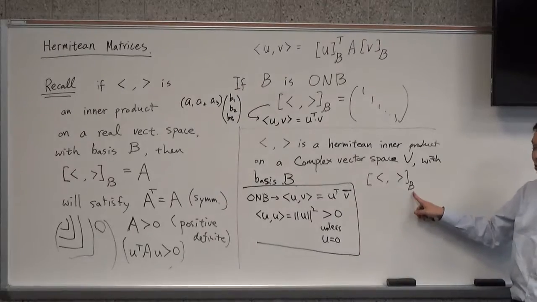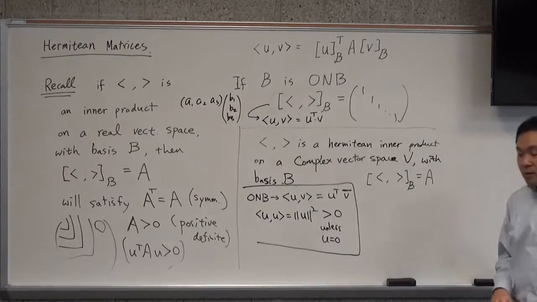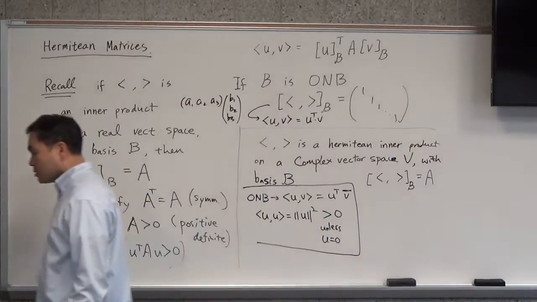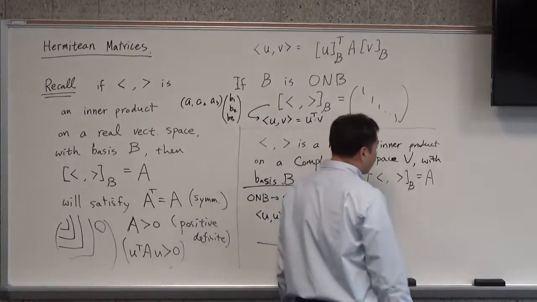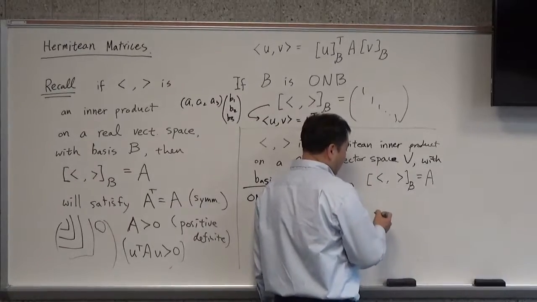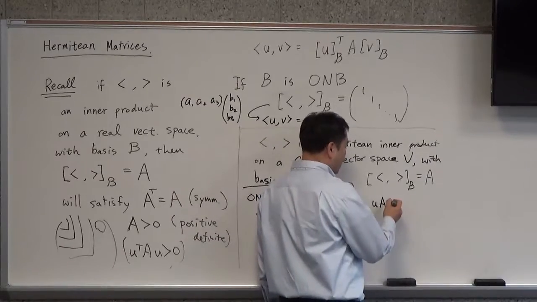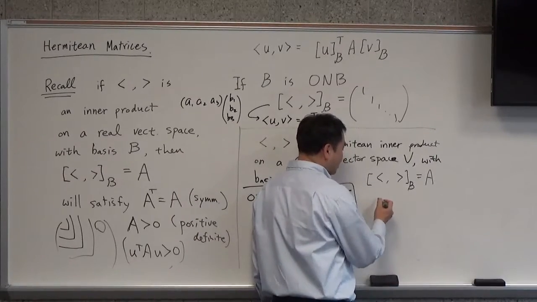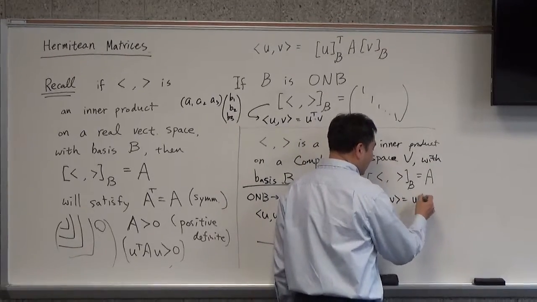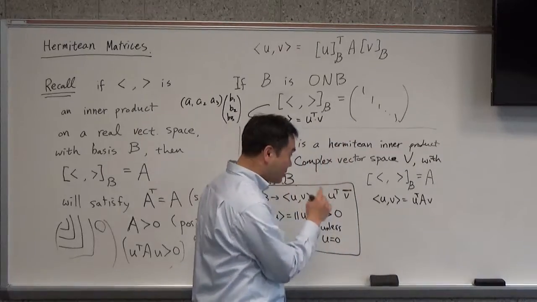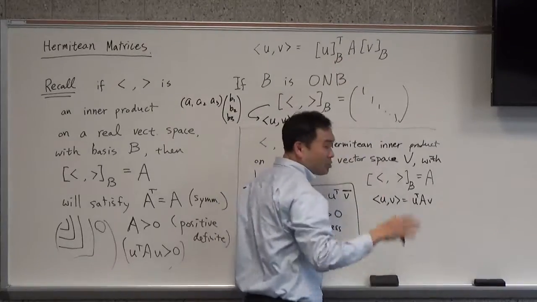But if it's not an orthonormal basis, you have some matrix A. It should have the property that the inner product of U and V equals U A V bar, with a transpose on U. Notice that to be 100% correct, I have to put these betas there, but that only makes things complicated.